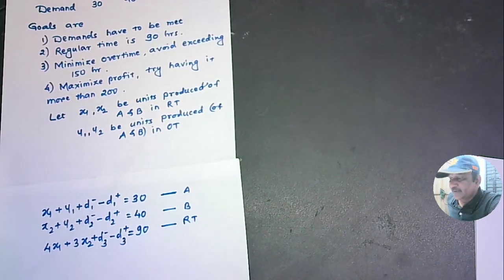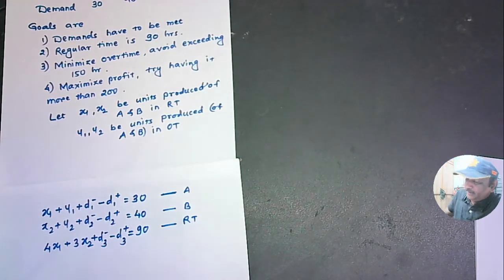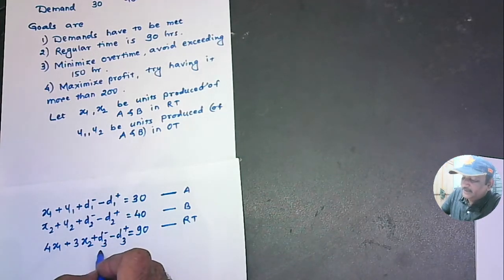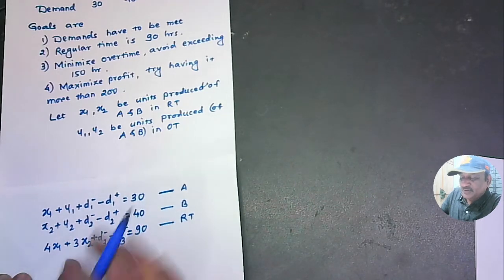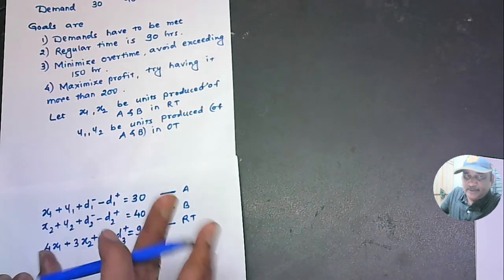All right. Then coming on to minimize overtime, avoid exceeding 150 hours. Now, what is overtime here? Okay, this is underachievement of the time. This might be 80 hours. So you are still having 10 hours, that's fine.